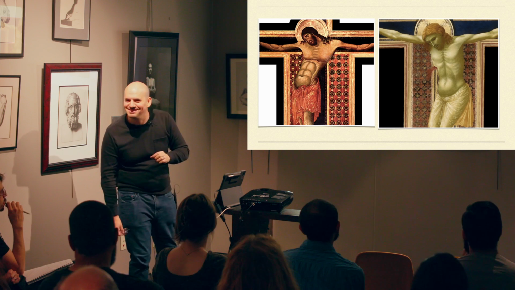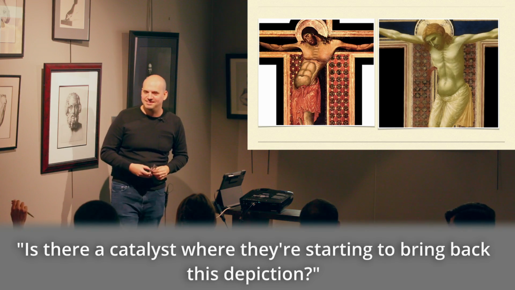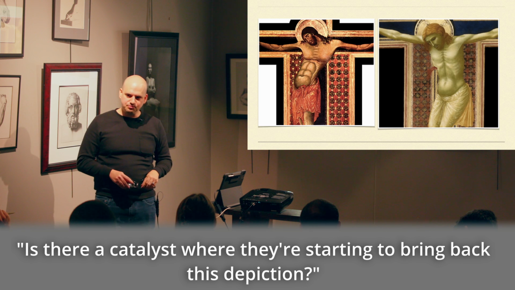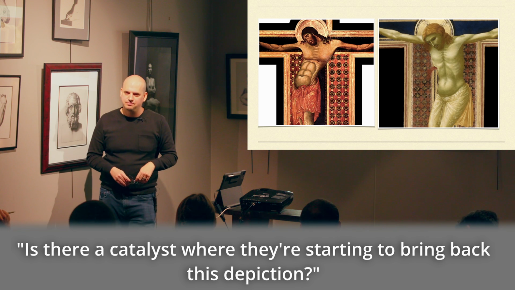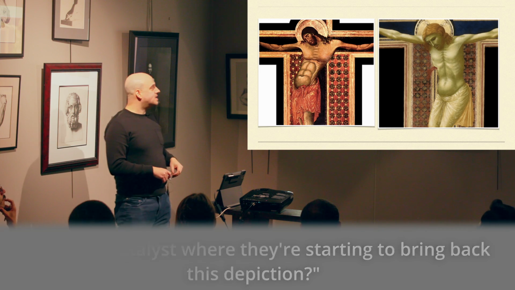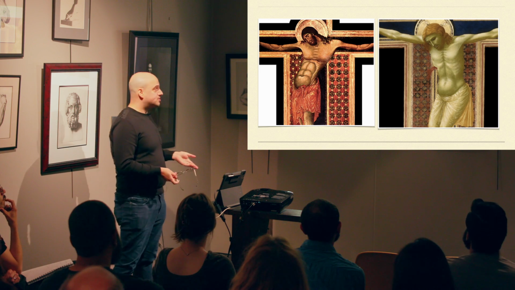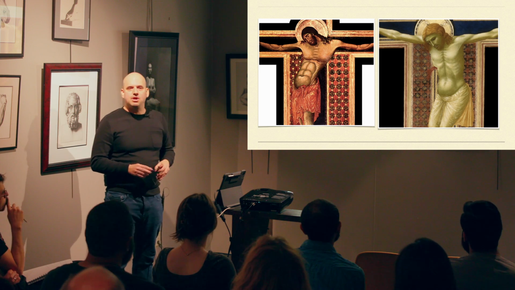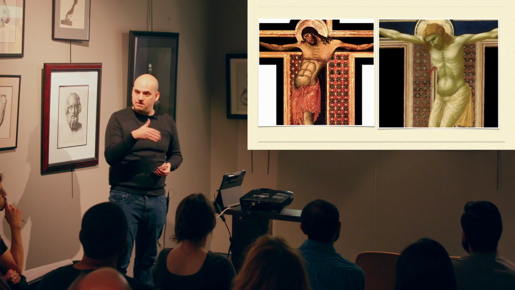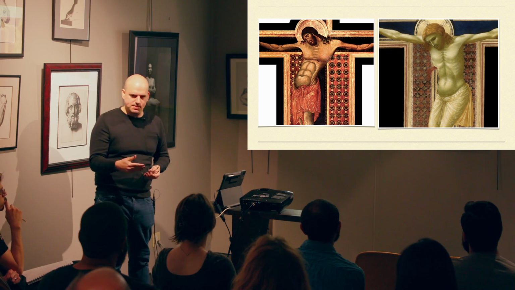Did you have a question? Yeah. I was curious, is there kind of a catalyst for him starting to bring back this depiction of? Yeah, so that's a very good question, and I think it's sometimes a little bit hard to determine exactly where that first domino falls, and in the succession of those movements.